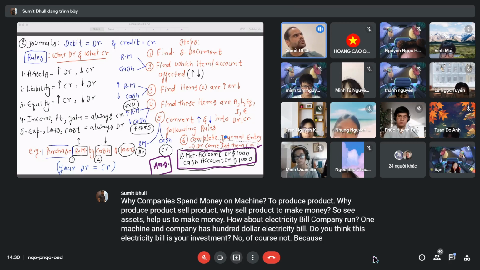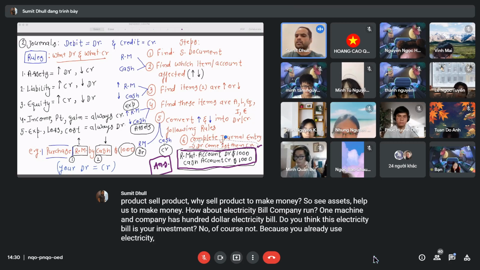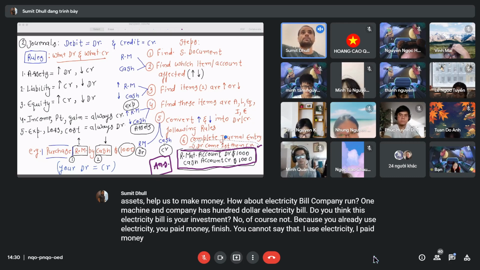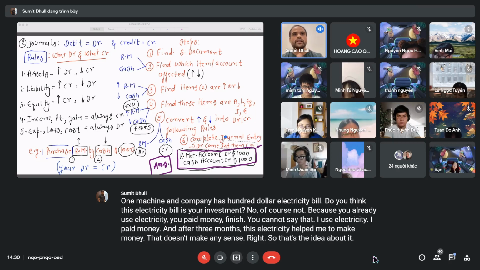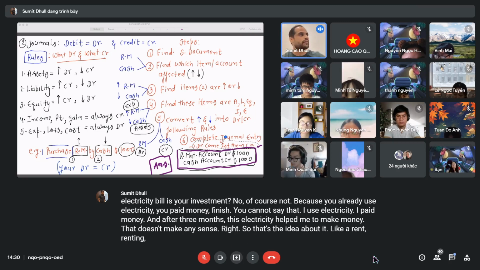Because you already used electricity, you paid money, finish. You cannot say that I used electricity, I paid money, and after 3 months, this electricity helped me to make money. That doesn't make any sense, right? So that's the idea about it. Like renting a room, renting a factory.